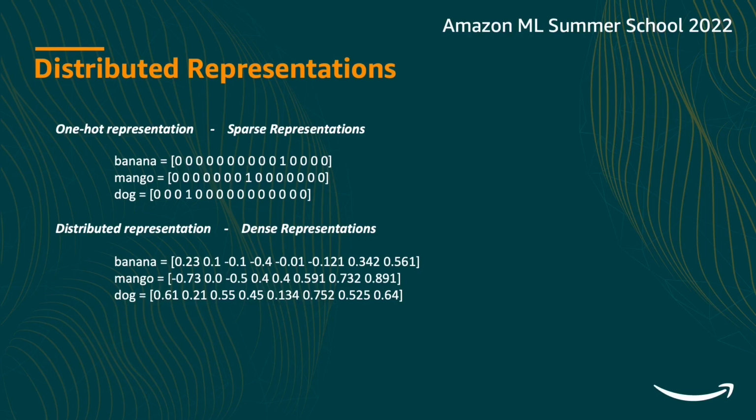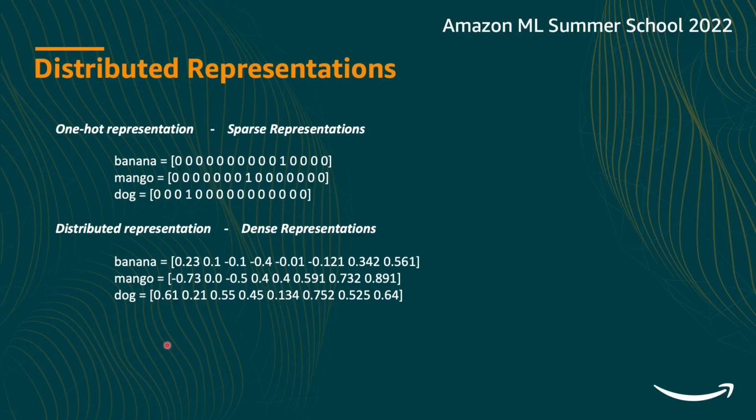And so distributed representation is much more desirable, because in distributed representations, we represent the words using dense vectors, typically in a very low dimensional space like 128 or 512, which is orders of magnitude smaller than the number of words in our vocabulary.